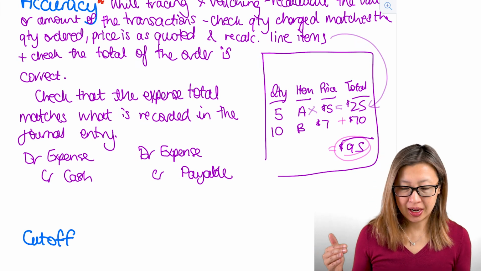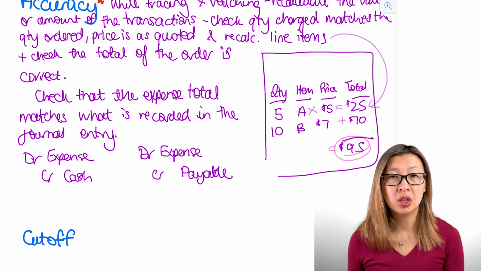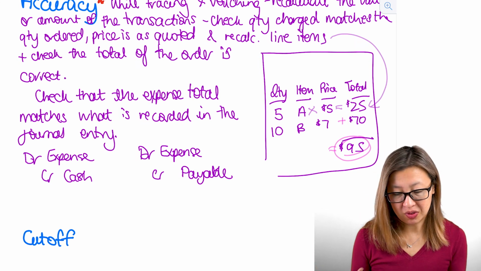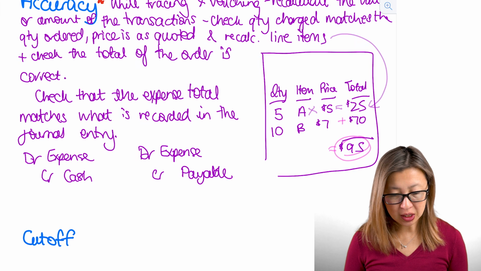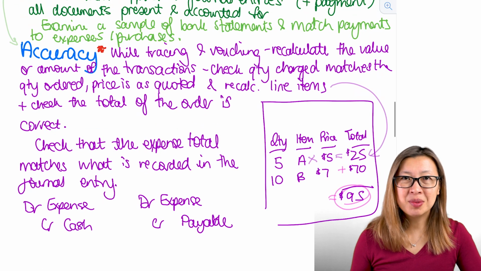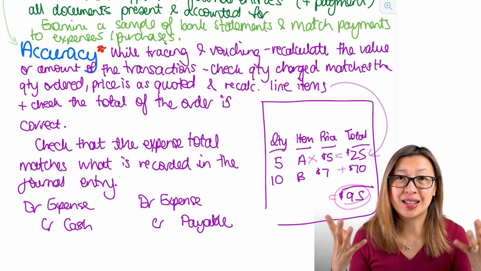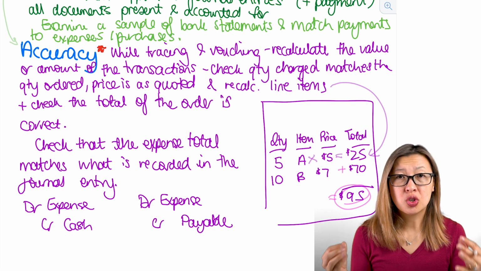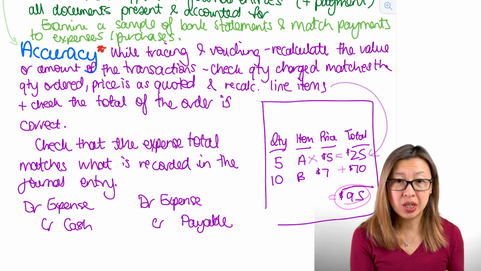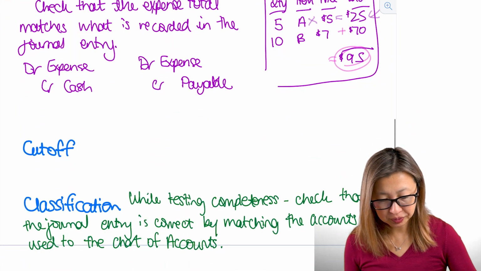You don't have to worry necessarily about discounts, but if you're following it right through to the payment, if we pay early, we might receive a discount. So that's something that you would need to include as well. So that's accuracy. And remember, while I'm testing completeness and occurrence, I can test accuracy using that same sample of documentation. So don't go away and select new samples. You can use just the samples that you've already collected.